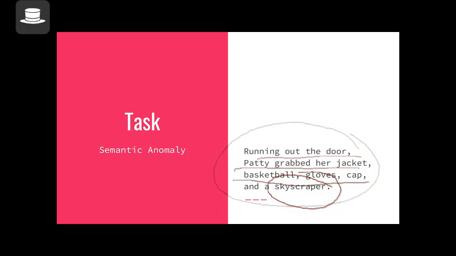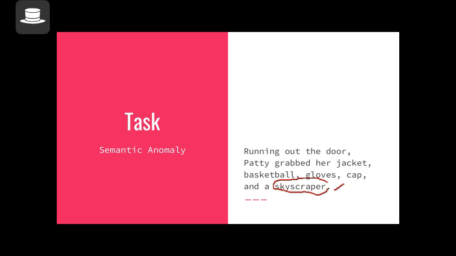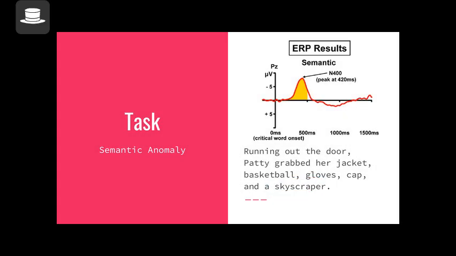Okay, so in an ERP study, event related potential study, participants were presented with sentences like this. So, researchers would look at what happens after the reader reads this last sentence. Usually semantic anomalies are associated with N400s. What are N400s?